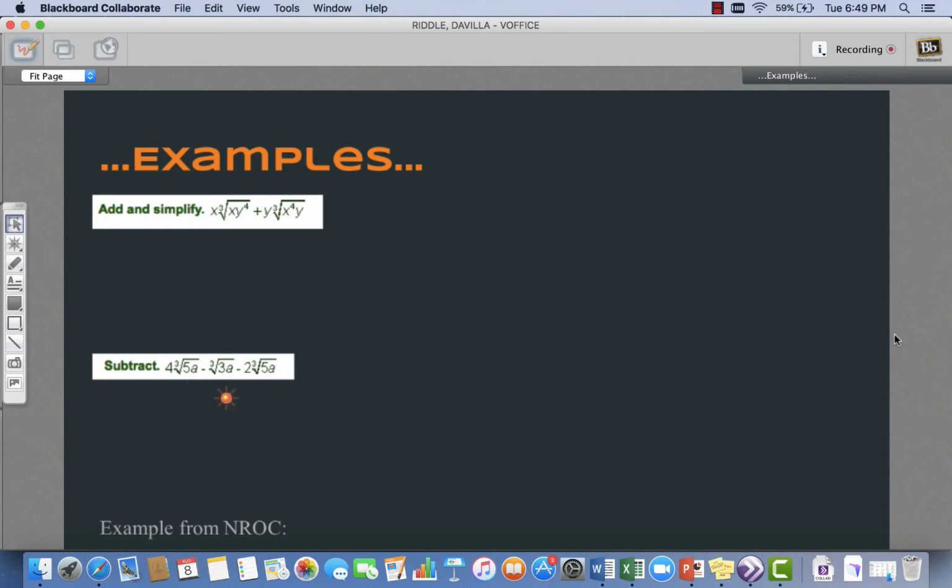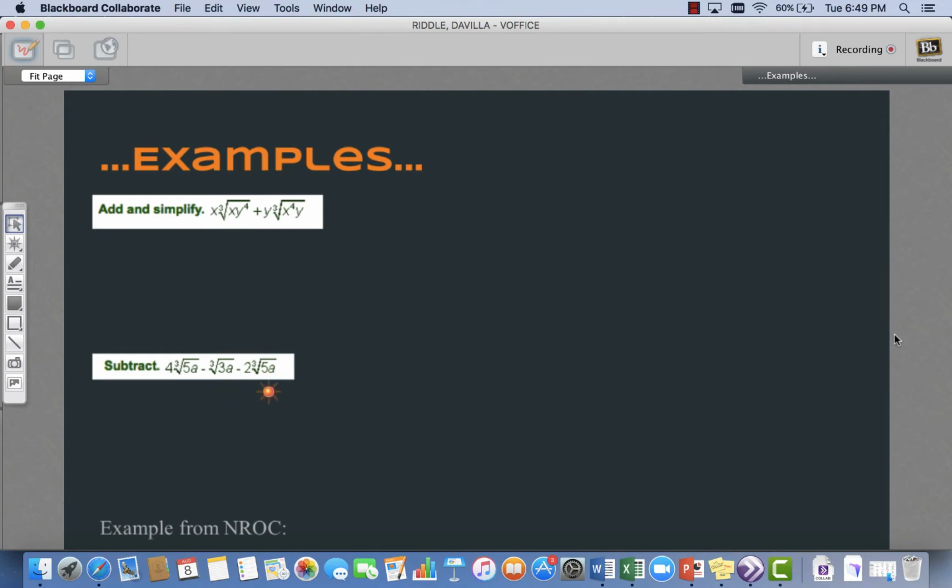So it's important to know what can combine here. Just to confirm, can I combine this term right here with this term right here? 4 cube root 5a minus 3 cube root of 3a. Awesome, so yes, that's correct. How about this 3a with this 5a over here?